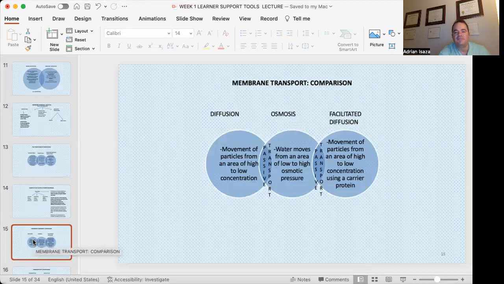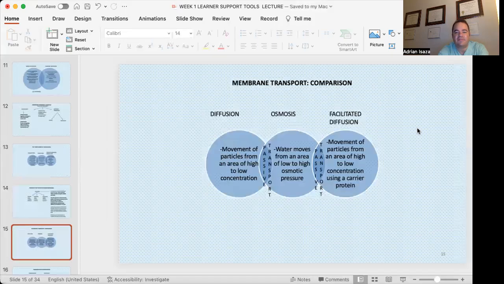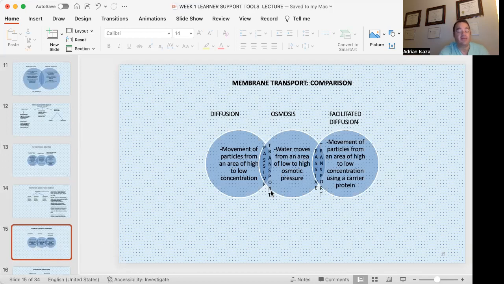Let's move down. Here I'm comparing diffusion to osmosis. Diffusion is going from high to low concentration, right? High to low concentration. And then osmosis is moving from low to high osmotic pressure, right?